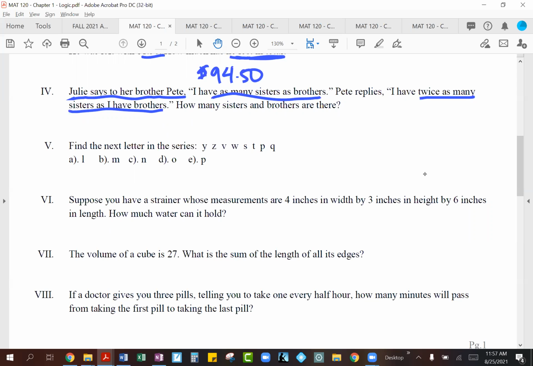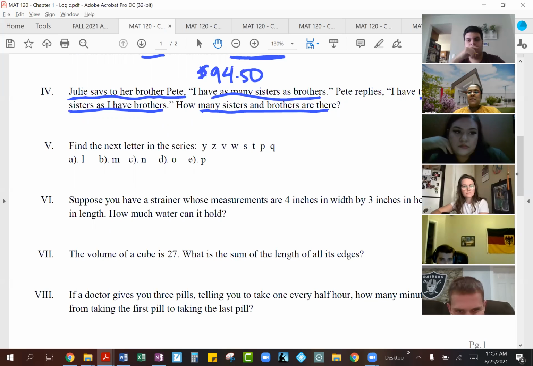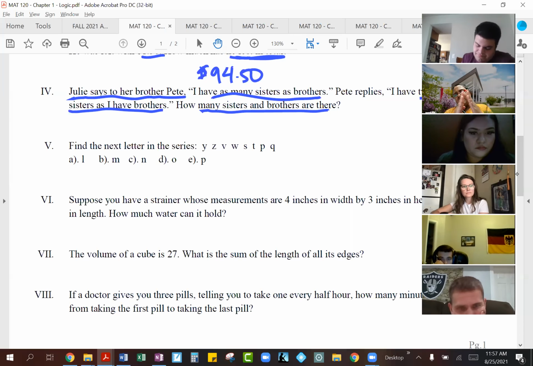So basically, we want to know how many total brothers and sisters, or how many total siblings, are there. So again, take your time, try some combinations of numbers, because from Julie's perspective, she should have the same number of sisters as brothers. But from Pete's perspective, he has twice as many sisters as brothers.